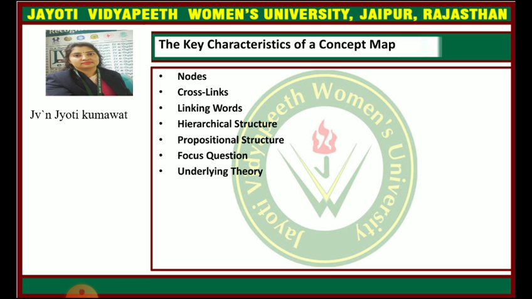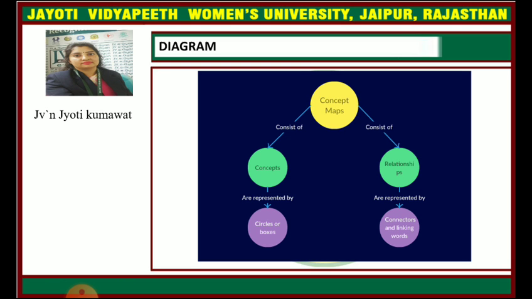I hope you understand the key characteristics very well by these points. Now in this diagram you can observe that concept maps consist of concepts, which are represented by circles and boxes, and relationships, which are represented by the connecting and linking words that are called phrases.